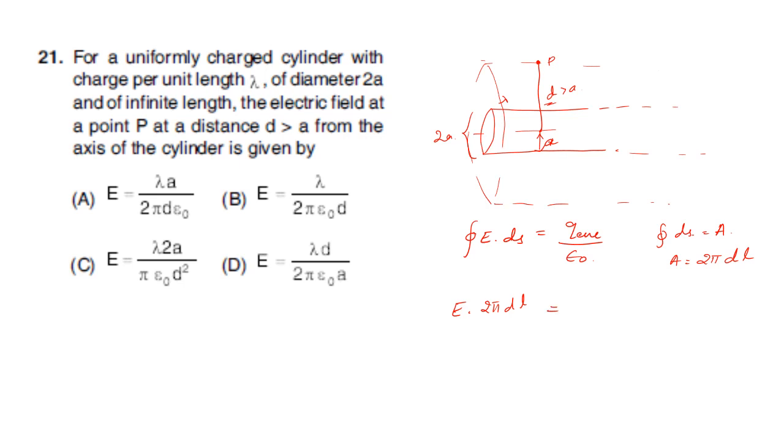Q enclosed is lambda into L, since lambda is the charge per unit length, divided by epsilon naught. Here L and L cancel. E is given by lambda upon 2 pi epsilon naught d. Therefore option B is correct.